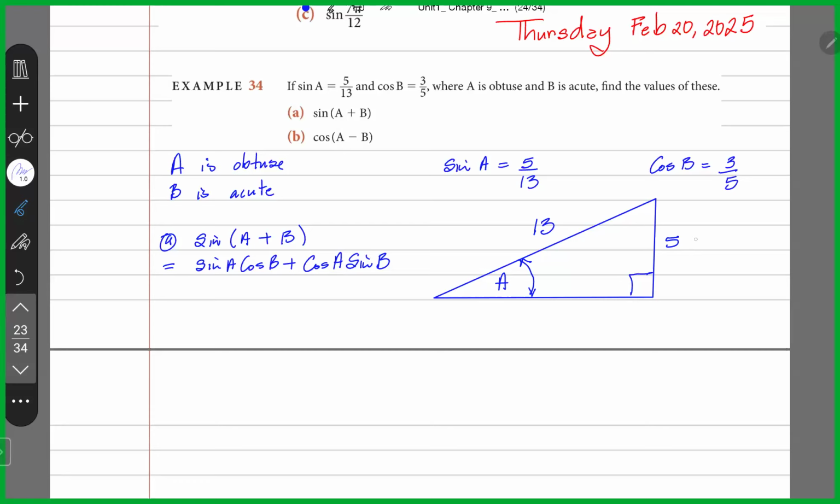So this side is opposite to A, this side is the hypotenuse, and what I need to find is this side, which is adjacent to A.